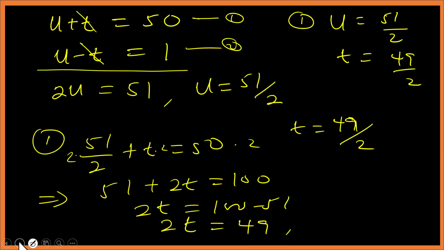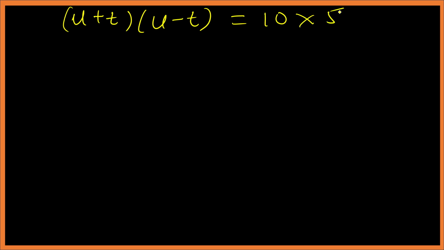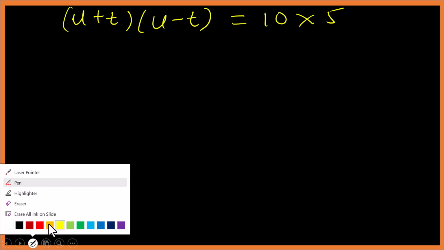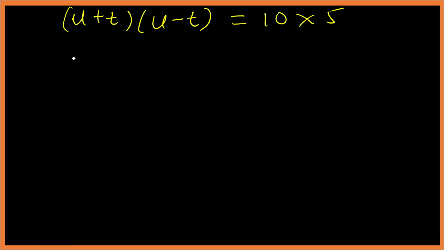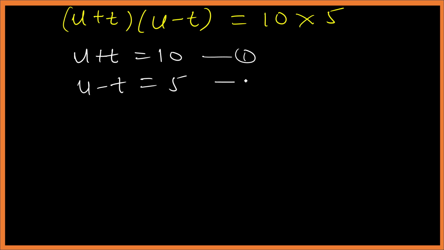So let's equate (u plus t)(u minus t) to 10 times 5. So we have u plus t equals 10, equation 1, and u minus t equals 5, equation 2.